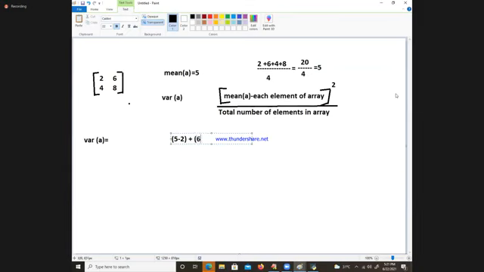Next, 6 minus 5 square, plus 4 minus 5 square, plus 5 minus 8 square.